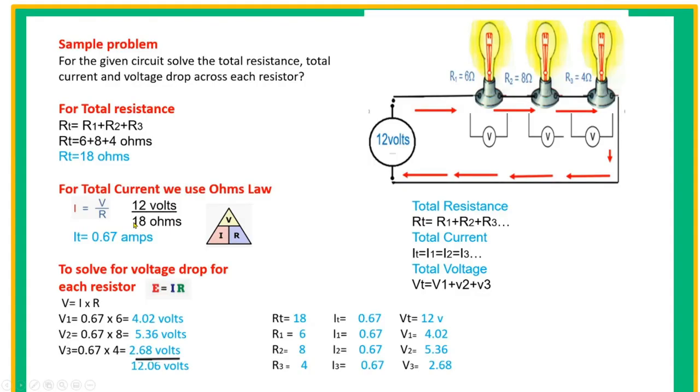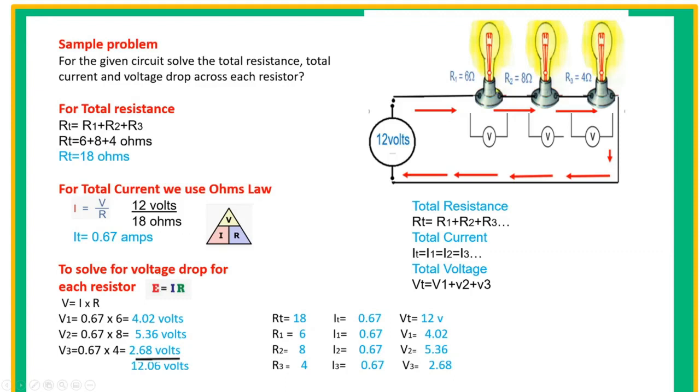Sample problem. For the given circuit, solve the total resistance, total current, and voltage drop across each resistor. For total resistance, this is the formula in a series circuit: RT equals R1 plus R2 plus R3.